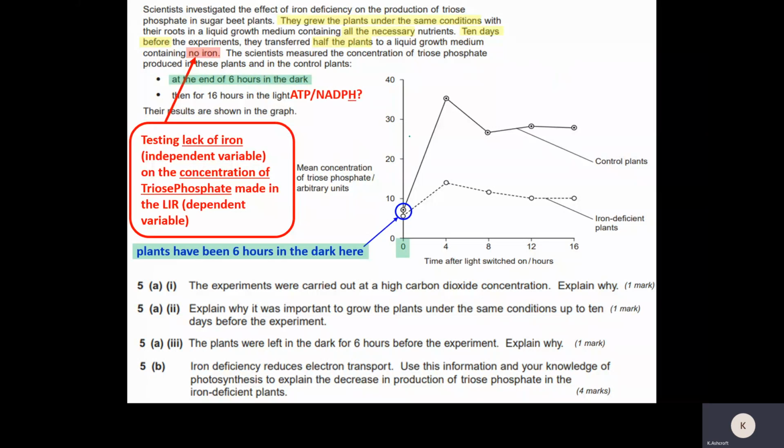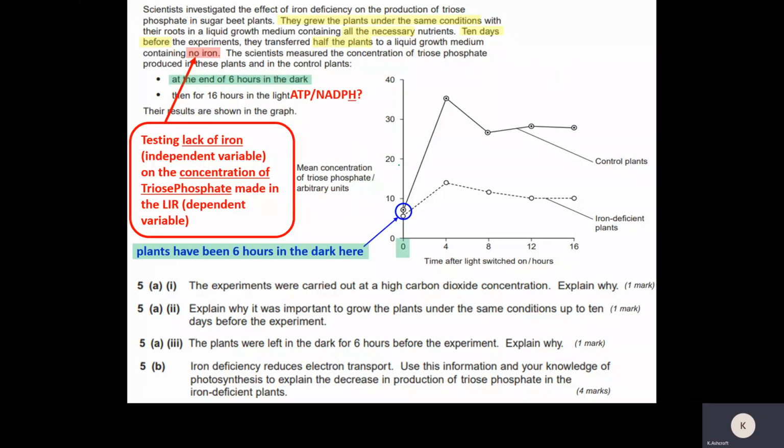Okay, so if we start with question 5A, number 1, it says the experiments were carried out at a high carbon dioxide concentration, and then it says explain why. Well, you can only have one independent variable for any experiment, and that's what you set as a scientist. So here they're comparing the presence of iron in the liquid media, which is our control group, to the absence of iron in our experimental group.